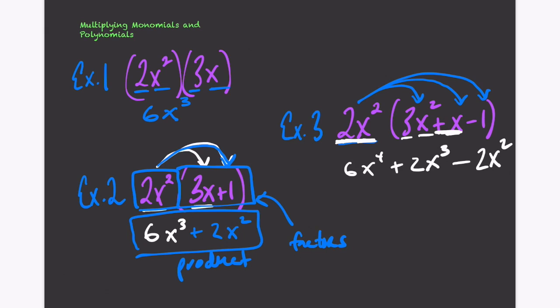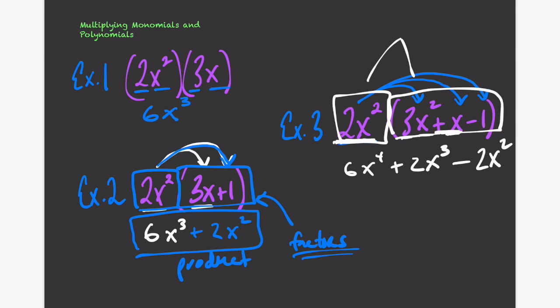Remember, factors are just the expressions that we multiply together. Again, up here, 2x squared is a factor, and 3x squared plus x minus 1 is a factor. And what we end up with after we multiply our factors together is our product.